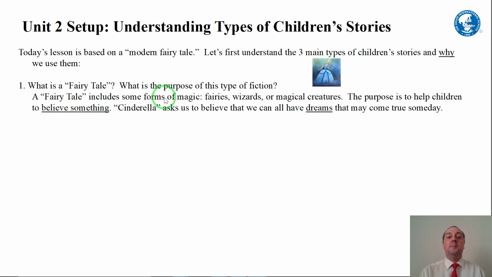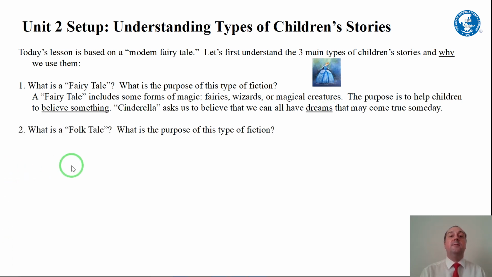A fairy tale normally involves some sort of magic. We have fairies or wizards or magical creatures. The purpose of a fairy tale is to help children to believe something. So the reason we tell the Cinderella story is we want everyone to believe that dreams may come true. Whatever your dream is, it can come true.